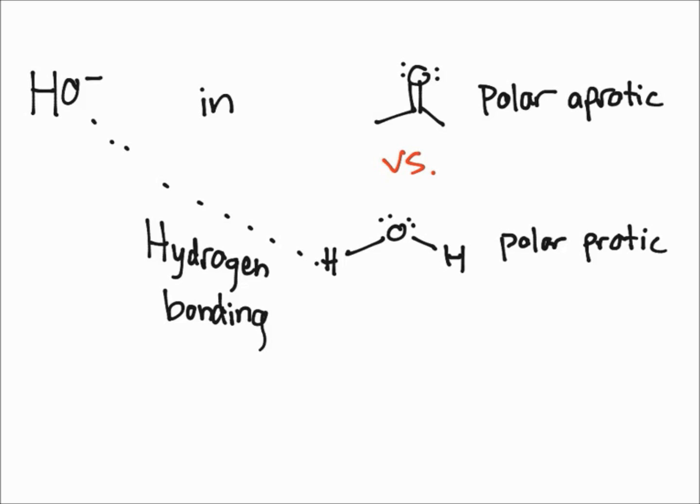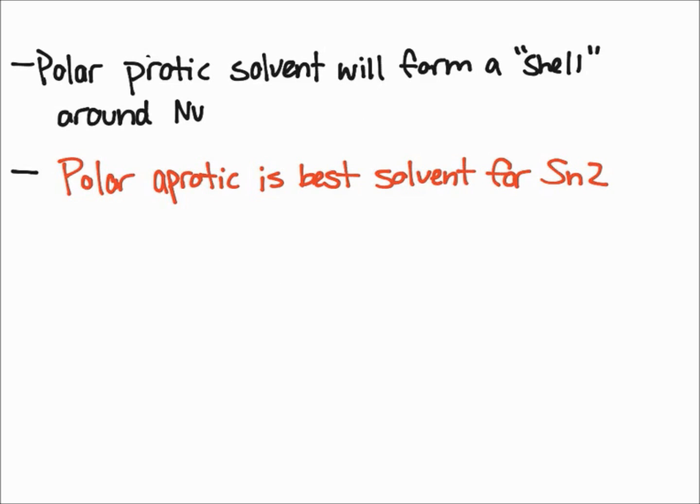Let me conclude and write down all of the important things you have to take from this video. Polar protic solvents will form a shell around the nucleophile. That makes it a lot harder for collisions to occur and for the reactions to be productive, because we know that the nucleophile has to come into contact with the electrophile in order for the SN2 reaction to occur.